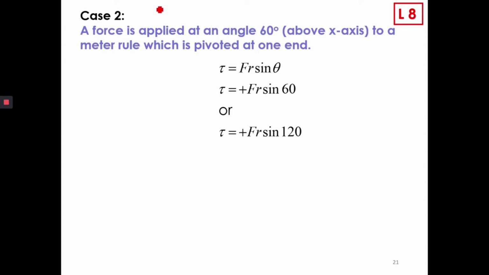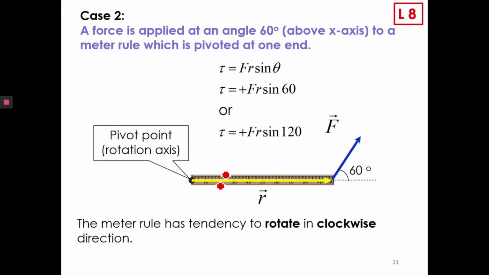Okay. Case 2. A force is applied at an angle 60 degrees above the x-axis to a meter rule which is pivoted at one end. So pivot. Now your force is 60 degrees above the x-axis. F r sine theta. Determine the direction. Is it clockwise or anti-clockwise? Now pivot, force. When you apply force, your meter rule will rotate anti-clockwise.